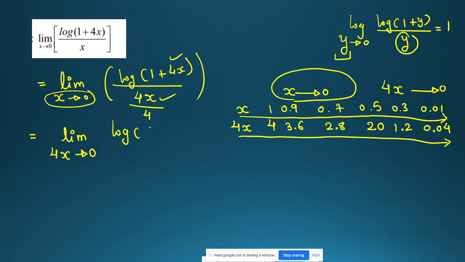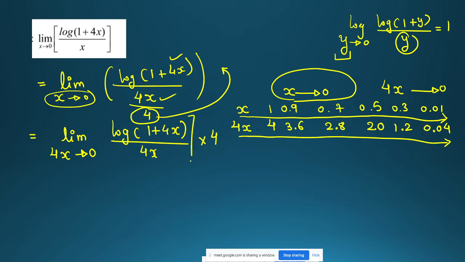Log 1 plus 4x divided by 4x. अब ये एक्स्ट्रा जो 4 डिनोमिनेटर का डिनोमिनेटर है तो वो न्यूमरेटर में जाके मल्टीप्लाई हो जाएगा. सो इट इज मल्टीप्लाइड इट विद 4, राइट? सो नाउ आर्या, कैन आई से दिस बॉक्स इज नथिंग बट 1 बाय दिस फॉर्मूला बिकॉज y की जगह पे say 4x है. So it is 1 into 4 and the answer is going to be 4.